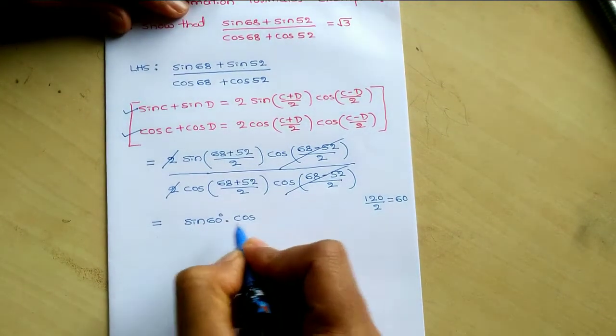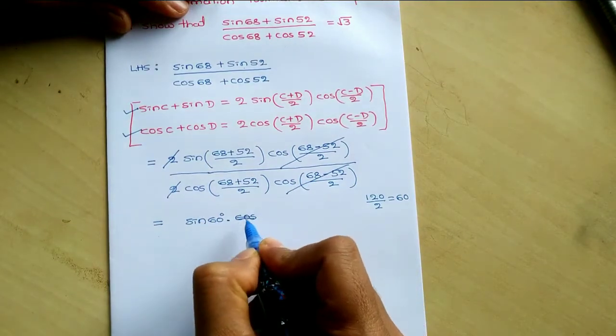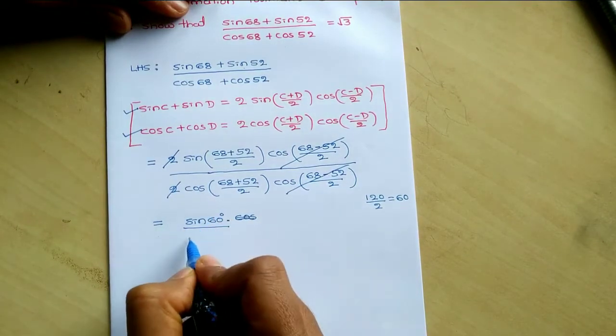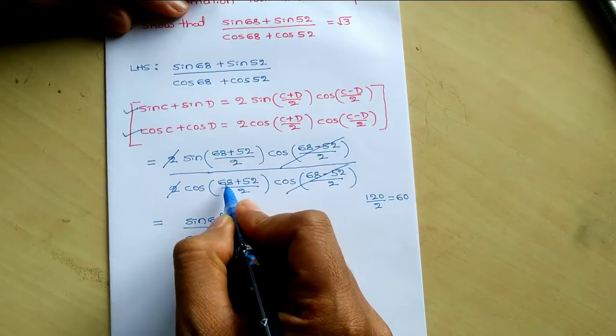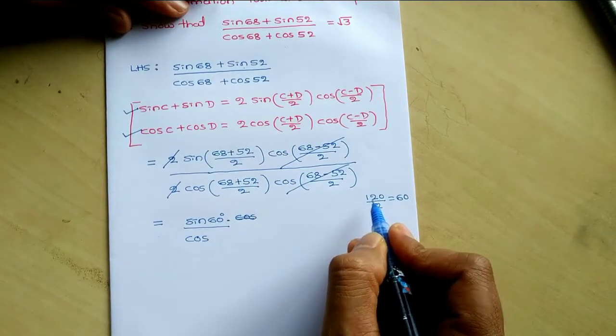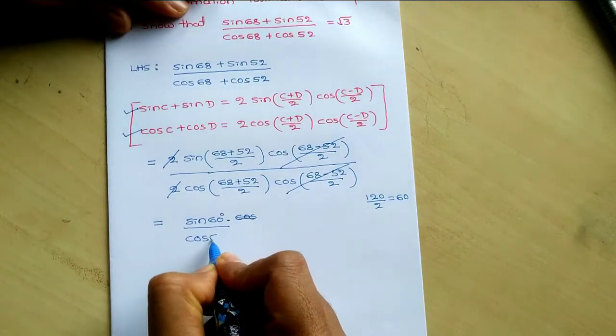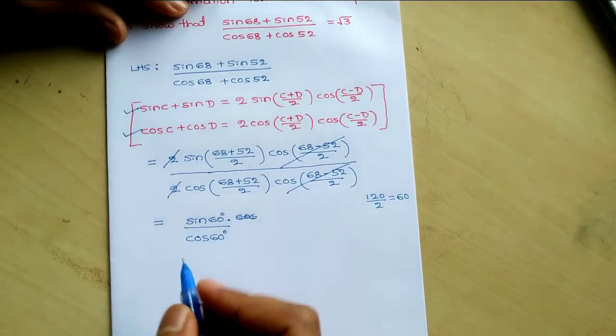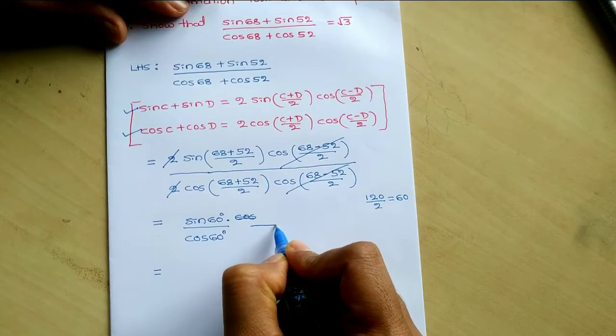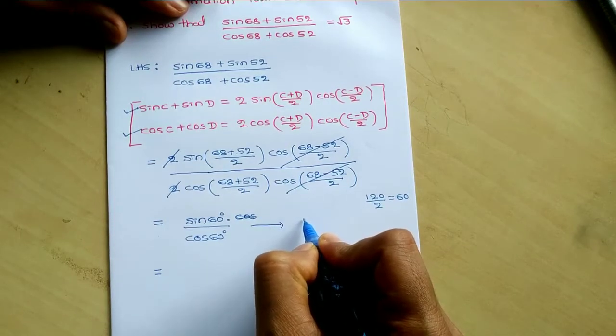Next, divided by the denominator, again cos of (68 plus 52), 120 divided by 2, that is 60 degrees. Correct? So next, again you know the formula.